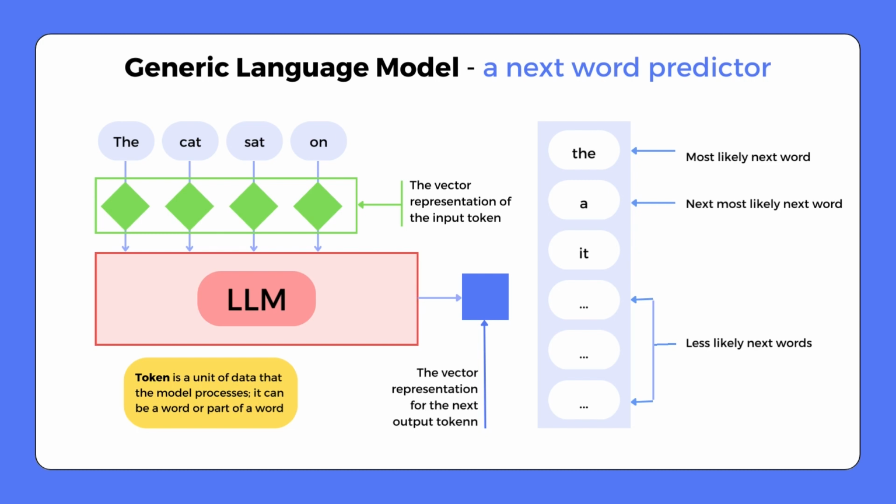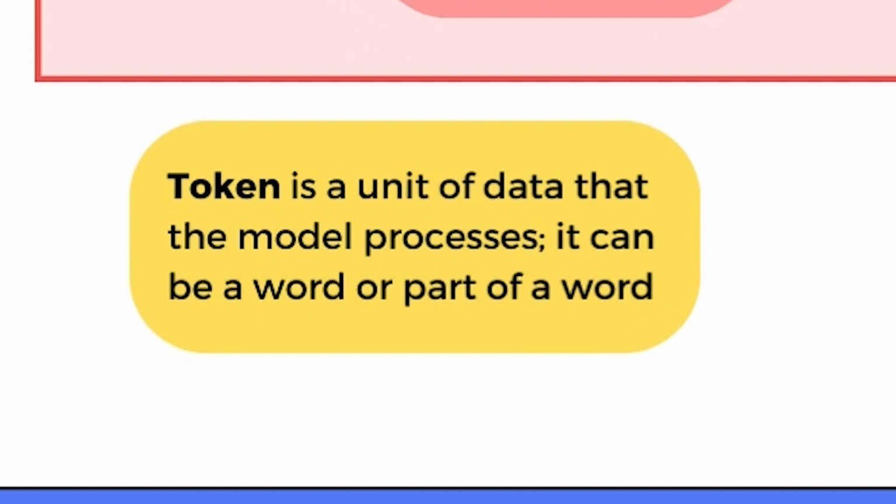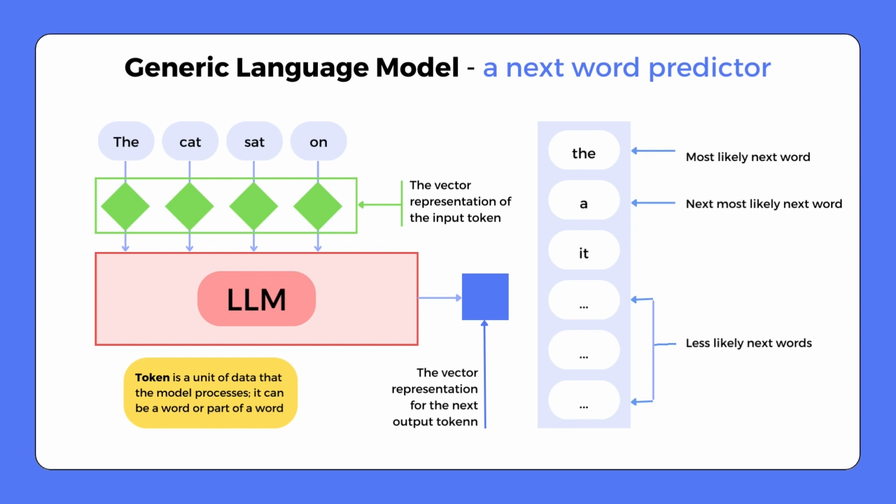Before jumping into examples of different kinds of LLMs, let's provide a definition for tokens. A token is a unit of data that the model processes. It can be a word or part of a word. We'll begin with the generic language models. They're pretty straightforward. Their primary task is to predict the subsequent word based on the context provided by the training data.